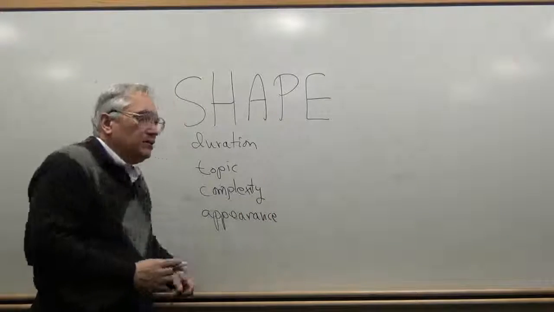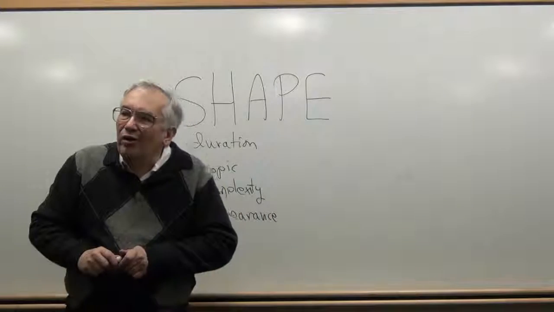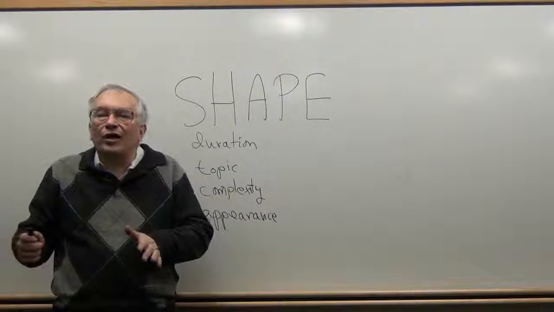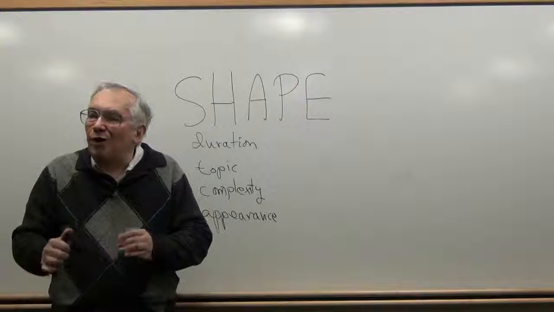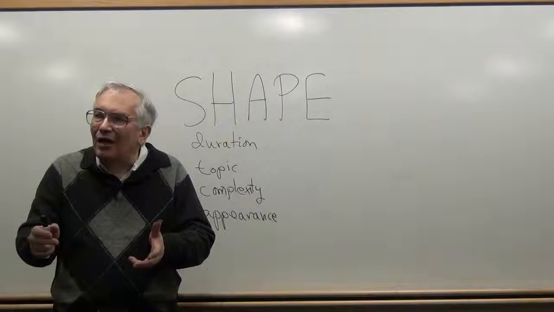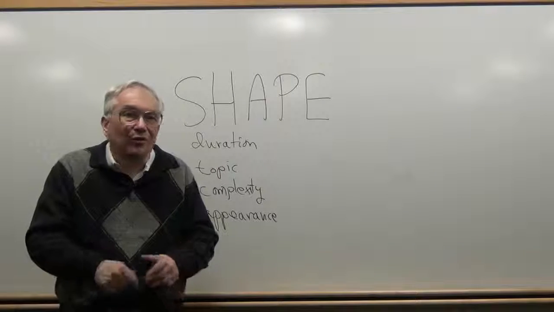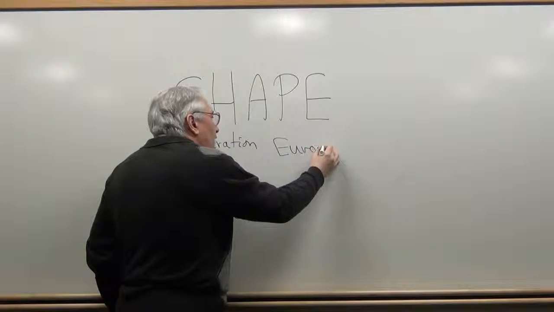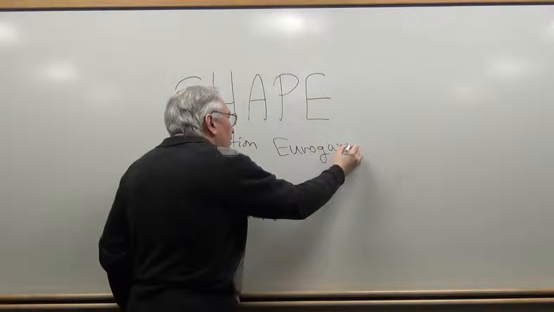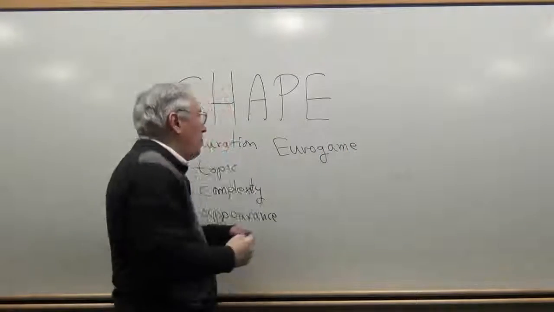In a certain sense, once you understand what Euro games are about, you'll know one when you see one, and what you are identifying, when you say we are doing a Euro game, is the shape.